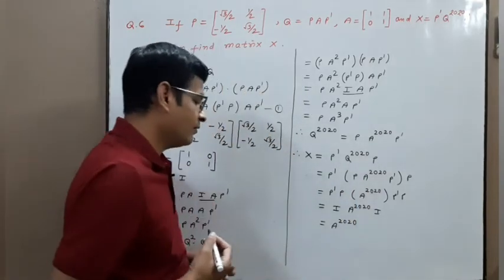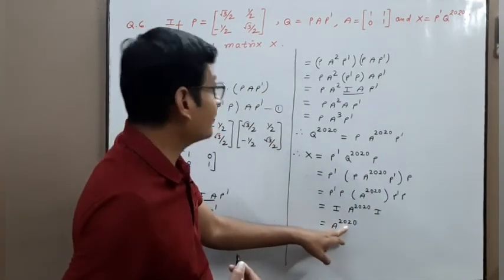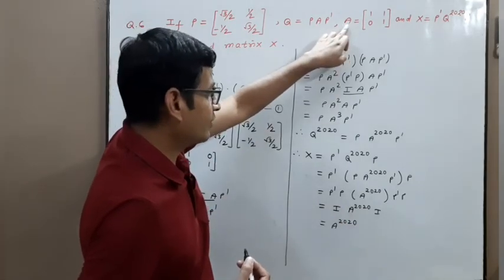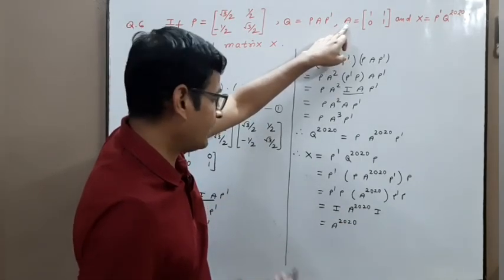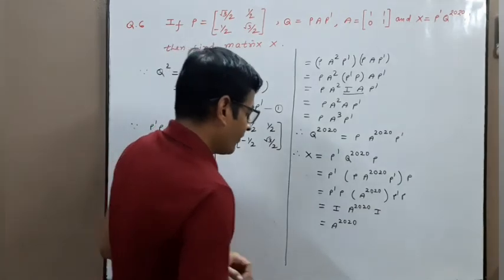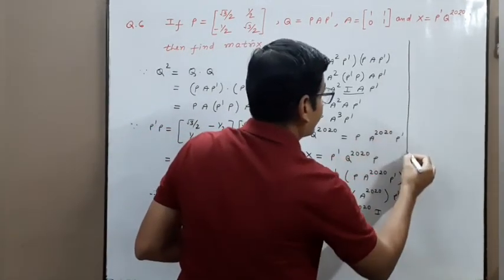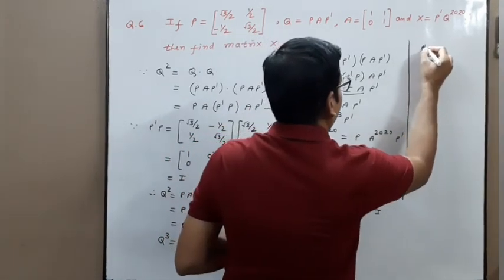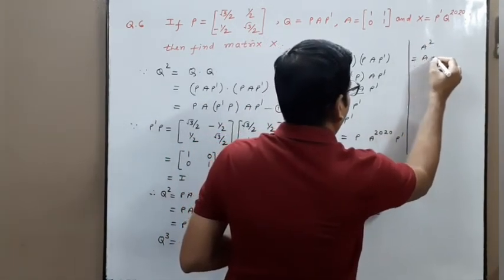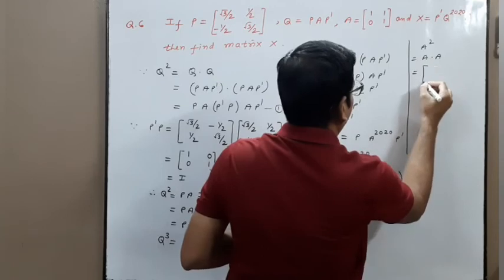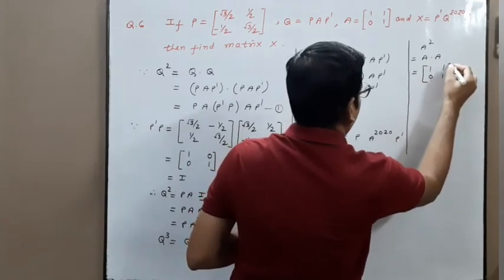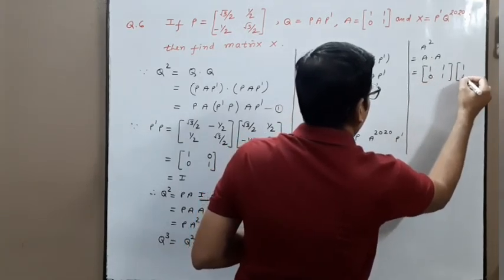Now find the value of A raised to the power 2020, matrix A is given. So now find A square, A cube in this way and substitute here. Now find A square. A square equal to A into A, 1 0 1 1 into 1 0 1 1.